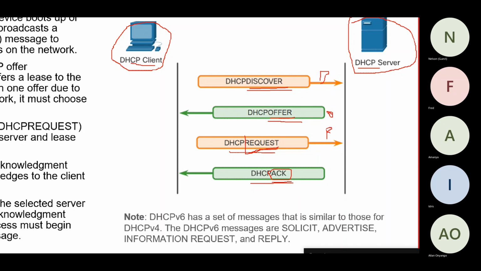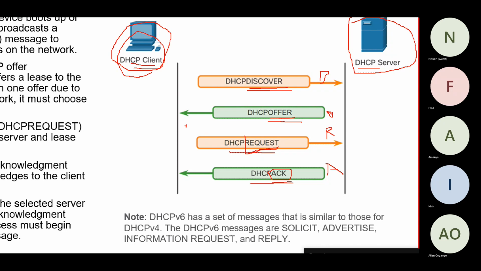Okay, DORA is the mnemonic for discover, offer, request, and acknowledge. These are the 4 messages. Once these 4 messages are complete, then the PC will actually take that offer and use it for a default time of 24 hours, but that time can always be modified.